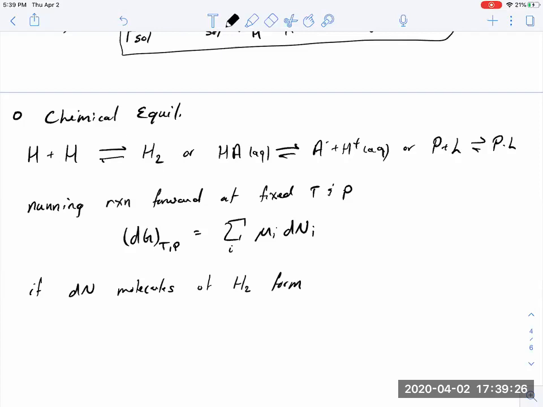Then I have minus dN_H2 is equal to minus dN.